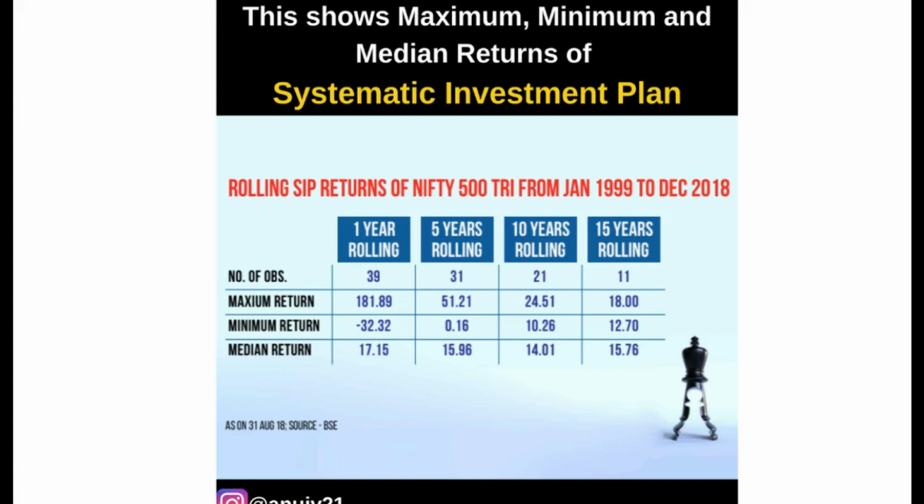But the median return is 17.15%. That means even if we get a minimum return of minus 32.32, the median return of the past 19 years is 17.15. So there is no problem with investing for 1 year also. But for a practical approach, we should not invest for only 1 year, right?